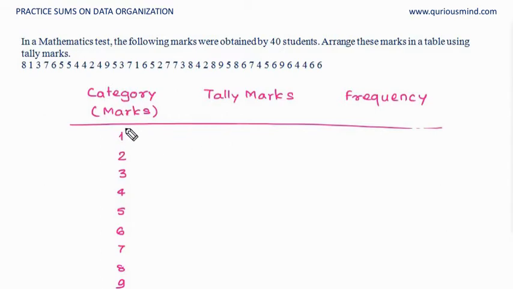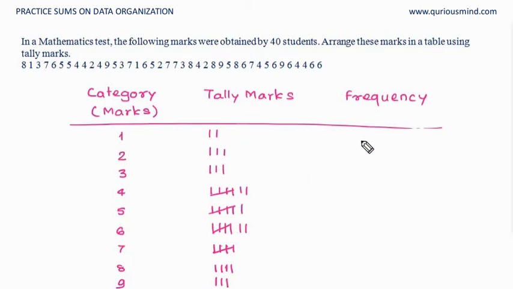Generally, the category, if it's a numerical one, we always keep it in ascending order. First is 8. So we have done with our tally marks.